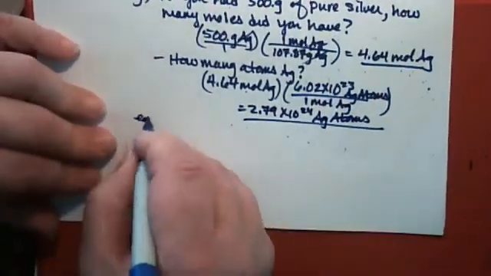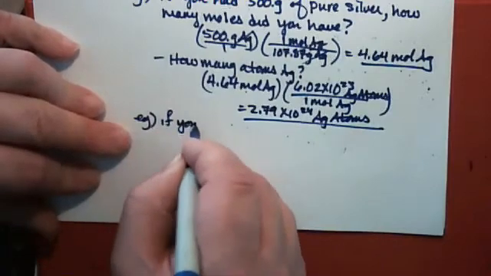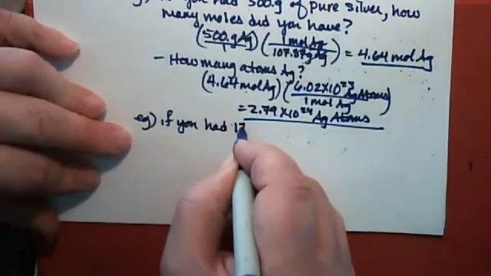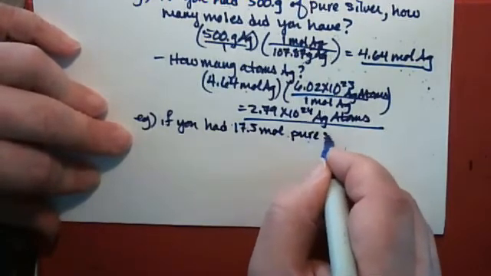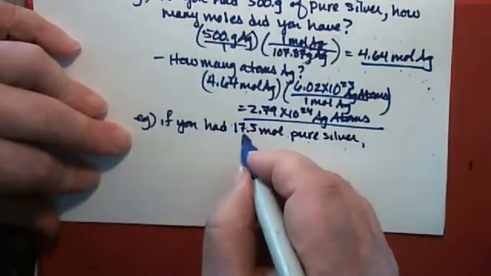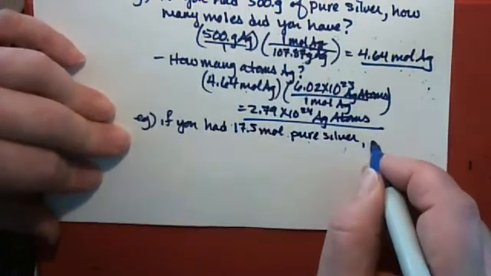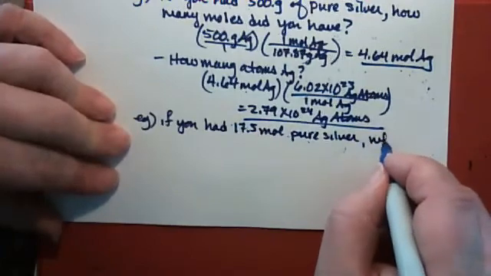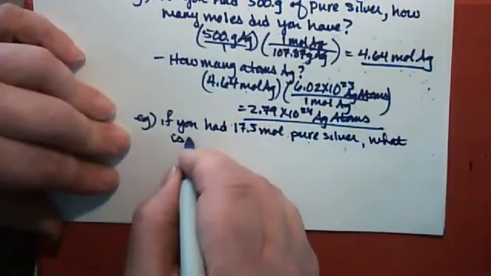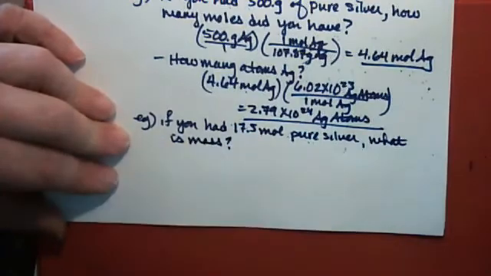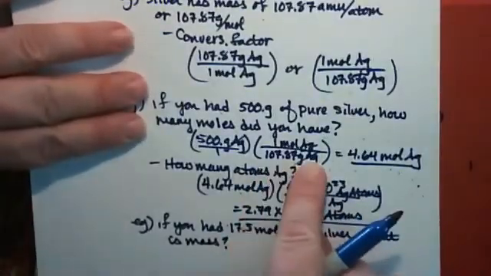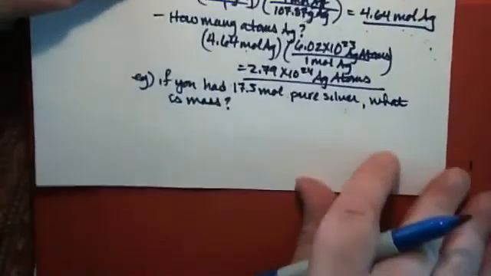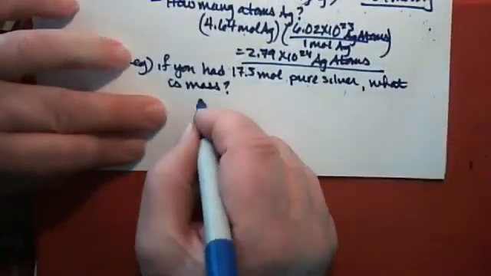On the other hand, if you had 17.5 moles of pure silver, what mass would that be? Okay, so you'd use the same conversion factor we used in the first part up above, only it's going to be the other way around because we're going in the opposite direction in terms of the units.